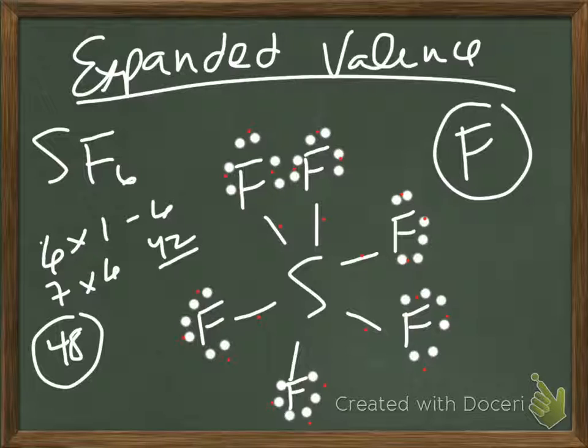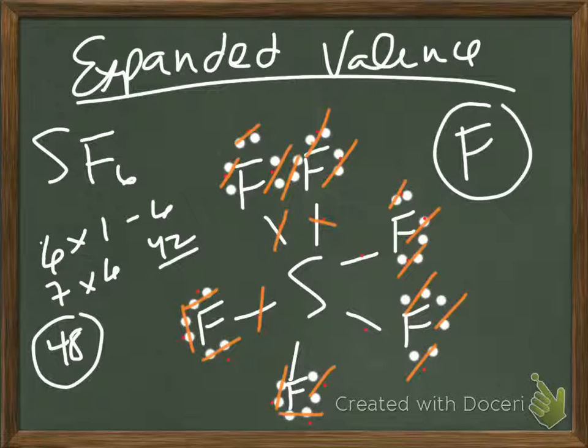Okay, did I count valence pairs right? It seems to me this should work out. 2, 4, 6, 8, 10, 12, 14, 16, 18, 20, 22, 24, 26, 28, 30, 32, 34, 36, 38, 40, 42, 44, 46, oh, 48.